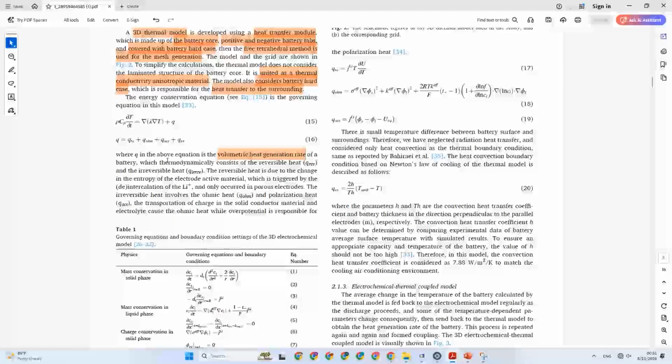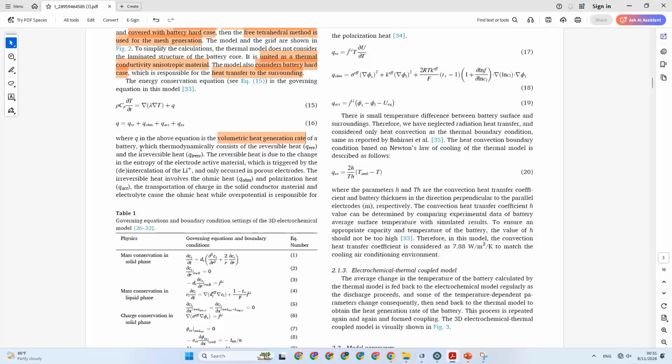And they defined that which thermodynamic consists of the reversible heat, QRev, okay, irreversible heat, QIrrev, that is not here, just reversible. The reversible heat is due to change in the entropy of the electrode active material.